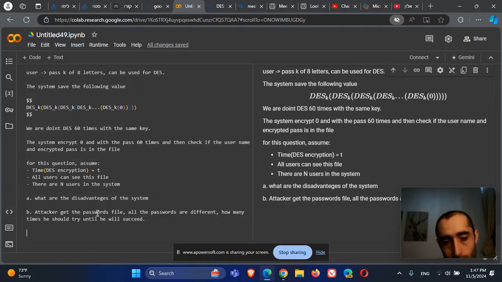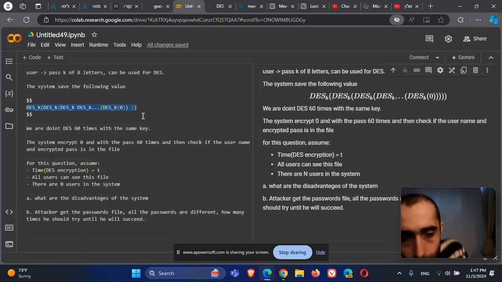I think the password file is like the ciphertext, because the system takes the password the user inserts, and the result of all this encryption for each user is in the file. So what the attacker gets in the file are not the keys, but the ciphertext, the encryption after all 60 rounds.